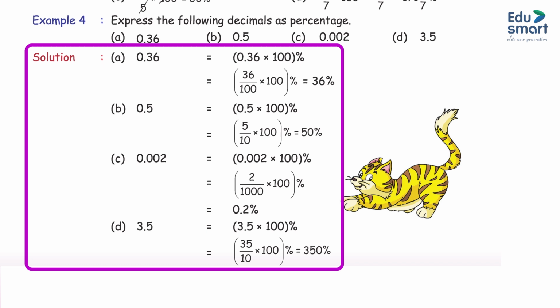B 0.5 into 100%. 5 upon 10 into 100% is equal to 50%. C 0.002 into 100%. 2 upon 1000 into 100% is equal to 0.2%. D 3.5 into 100%. 35 upon 10 into 100% is equal to 350%.